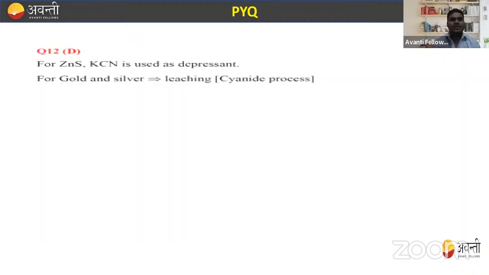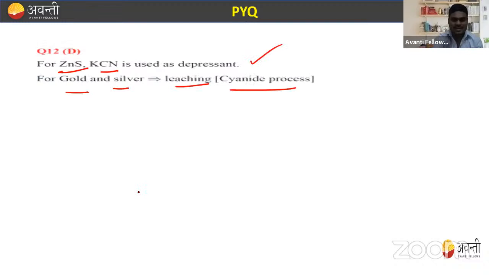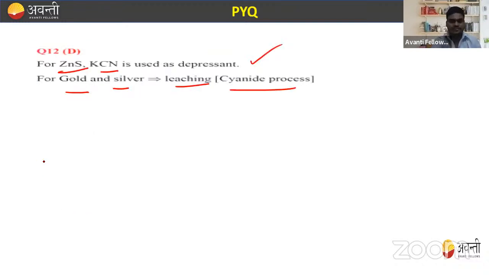For ZnS, KCN is used as a depressant. For gold and silver, it is used in leaching, the cyanide process. So the correct answer is copper for this question.